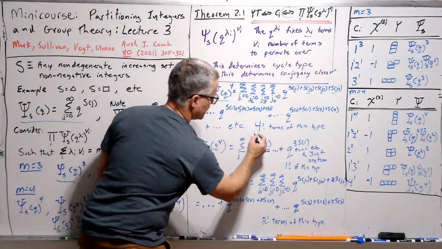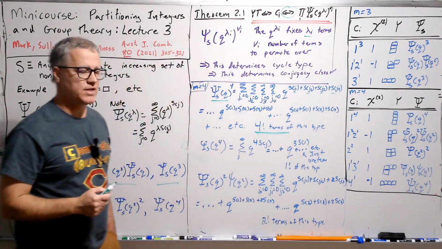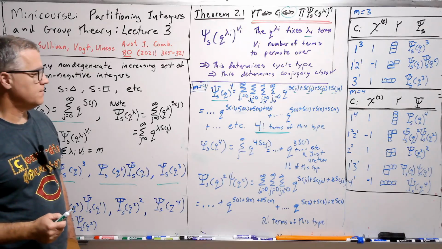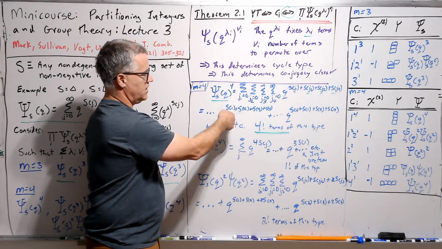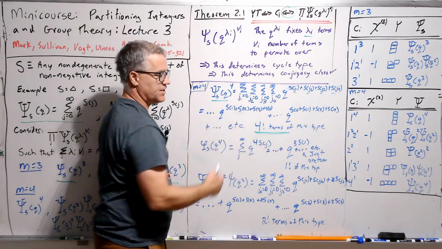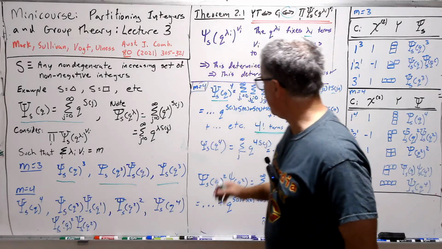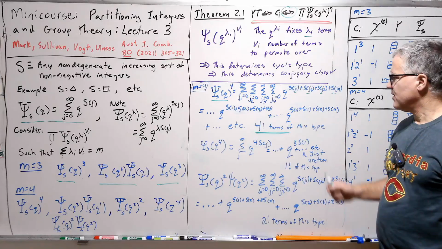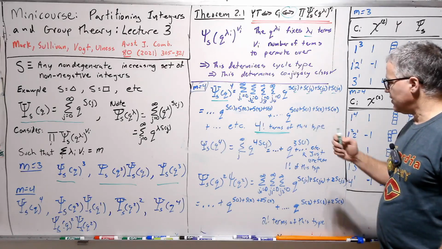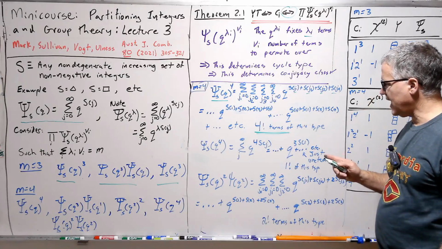And so hopefully you can see that we're going to get 4 factorial permutations of this precise power showing up in the sum. And the same would be true with everything else, right? Okay.